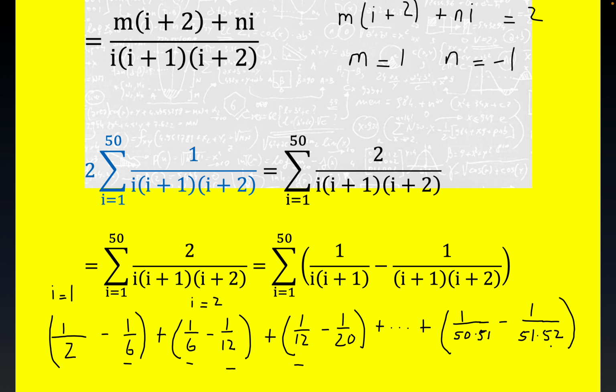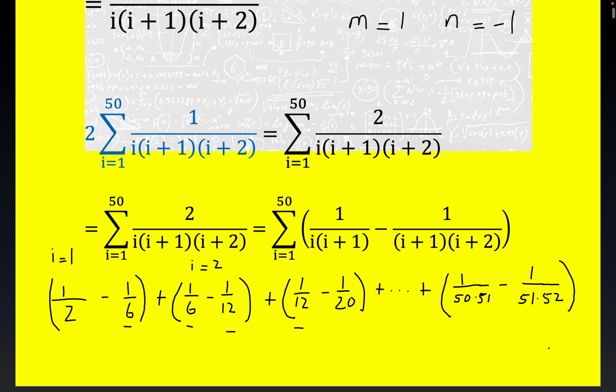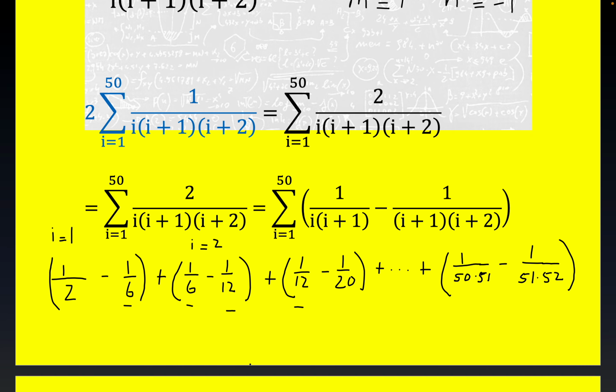All right, and so that will be equal to 1/2. This 1/2 that you see right here doesn't have any cancellation going on, and there's nothing canceling this because we stopped it. We terminated at 50, right? So we would have 1/2 minus. Now, y'all, when you multiply this out, you get 2652. So this is 1 over 2652.